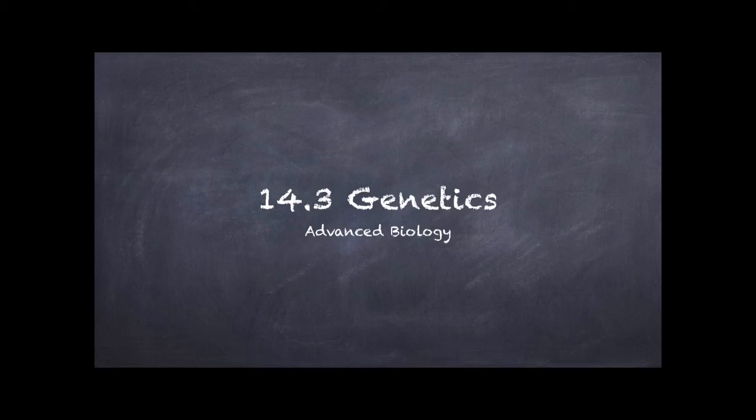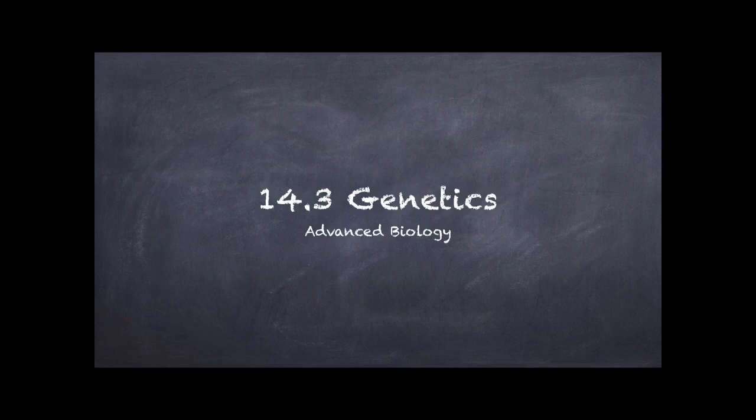Hey guys, welcome to 14.3 as we continue to talk about genetics. In this section, we are going to talk about some really cool things that give you perspective into why dog furs sometimes look different from each other, how puppies can have furs that look different from the parents, as well as what happens when we come outside of Mendel's pea plants, because when he talked about pea plants, he was talking specifically about one gene that's affecting a certain trait.